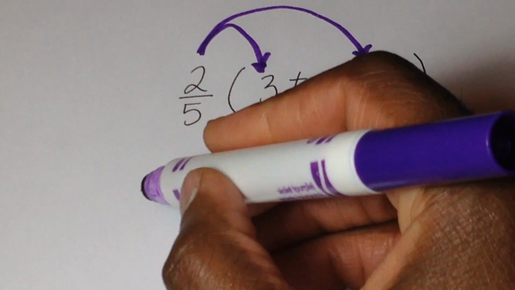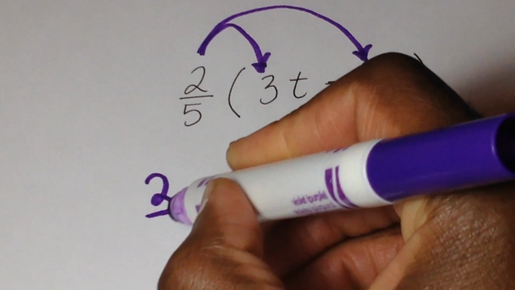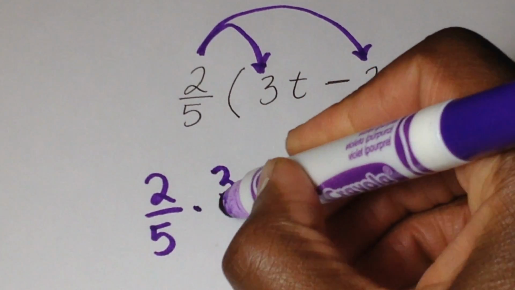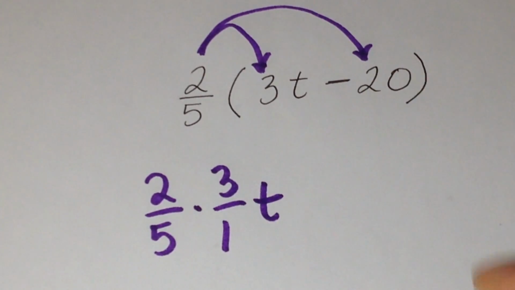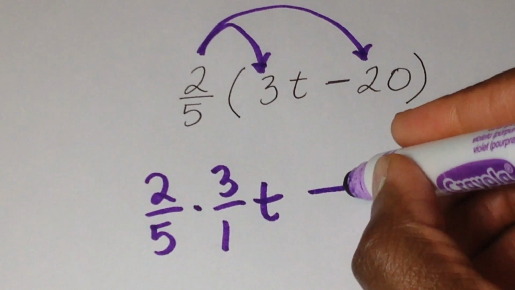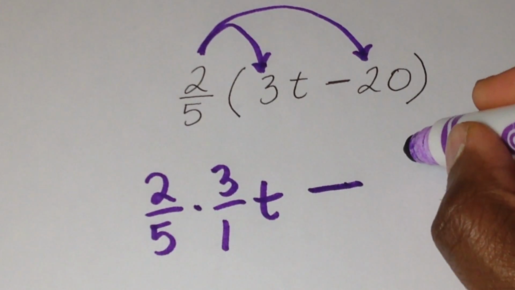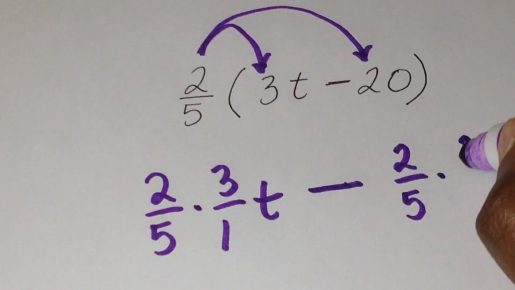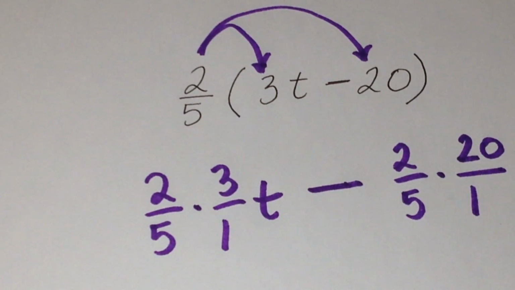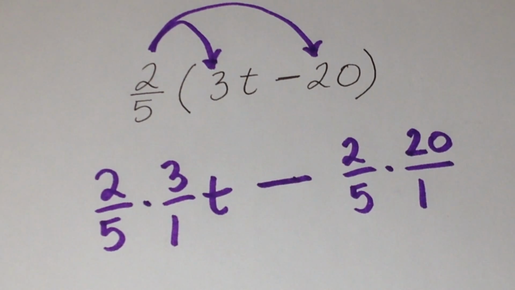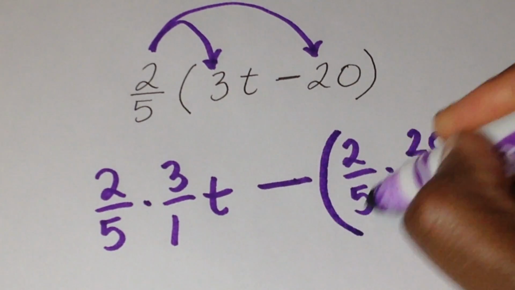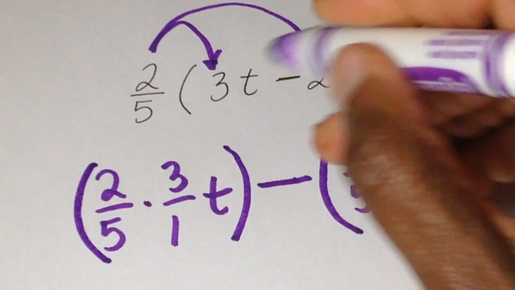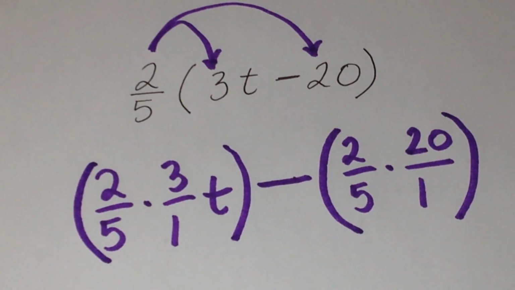So I'm going to multiply 2/5 times 3 over 1, t, big minus sign, and I'm going to do 2 over 5 multiplied to 20 over 1. Okay, again, let's put the parentheses to let us know that we're going to work on these two sets. All right, again, we've expanded these out.